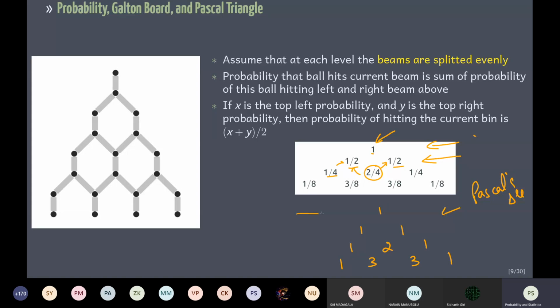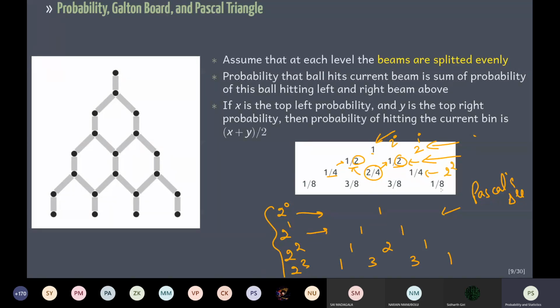The sum of the row was 2 to the 0, then the sum of the next row is 2 to the 1, then 2 to the 2, 2 to the 3, and so on, and these go in the denominator when we are computing the probability. So the denominators are nothing but 2 to the power of the level that you have. Starting with the 0th row, 2 to the 0, then 2 to the 1, then 2 to the 2, and so on.